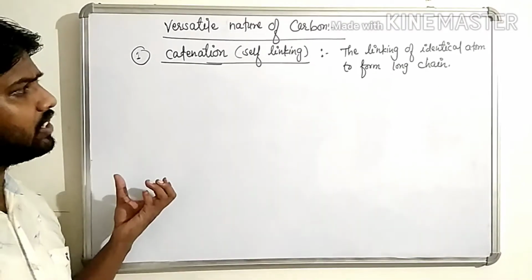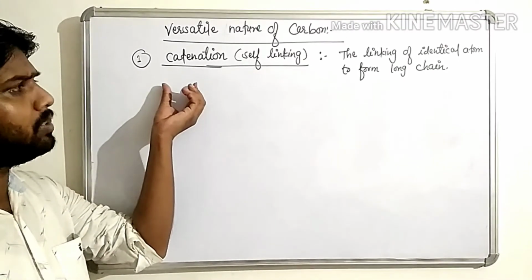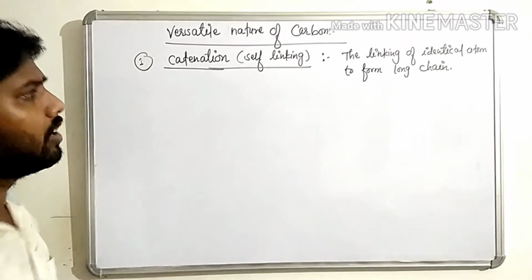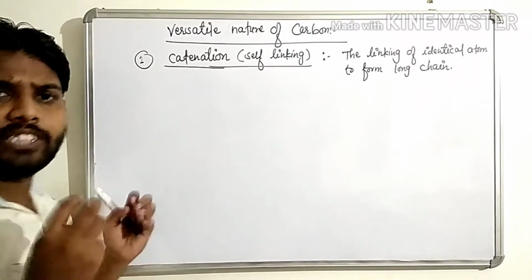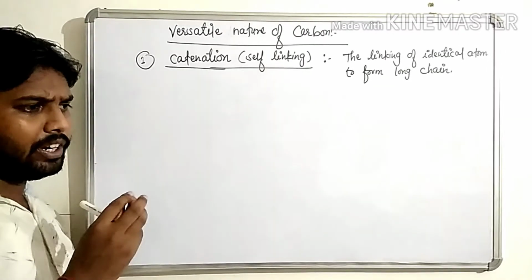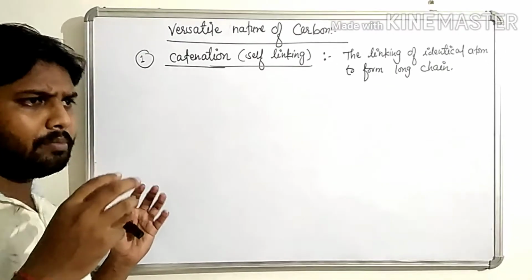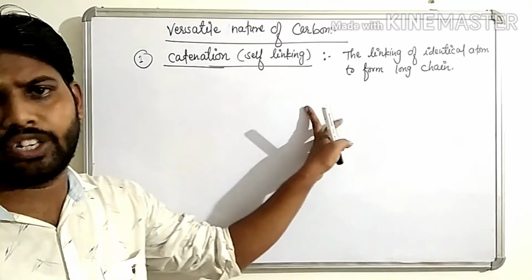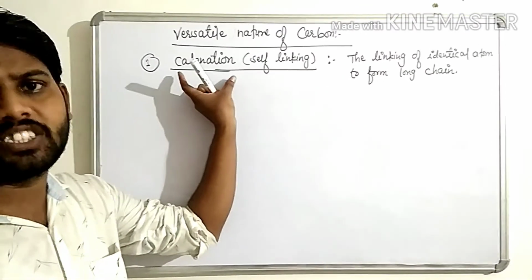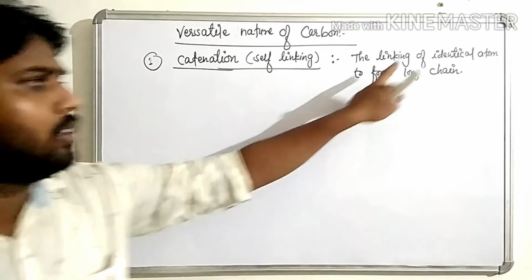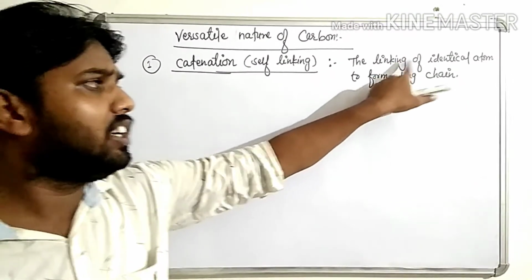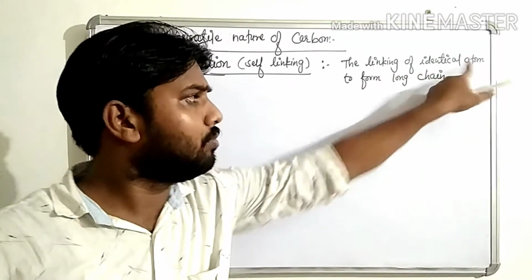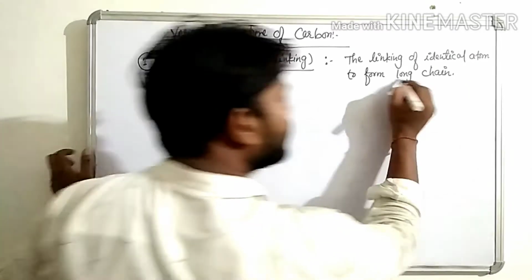Let us understand, children, what the term catenation means. Catenation means self-linking. When the same element combines and forms a long chain, that property is known as catenation. The definition is linking of identical atoms to form a long chain.